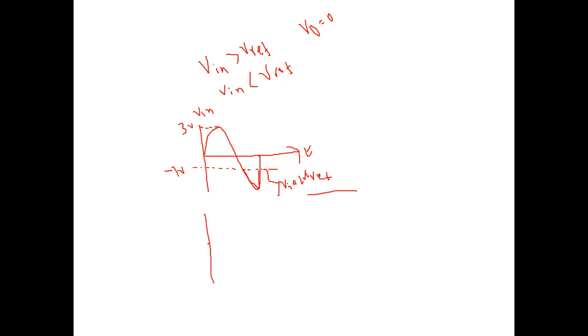So my output wave will be like this, with minus 1 volt reference voltage. So this is a positive clipper with negative reference voltage. All of this portion of the input signal is clipped, and I have got only this portion of the input signal.